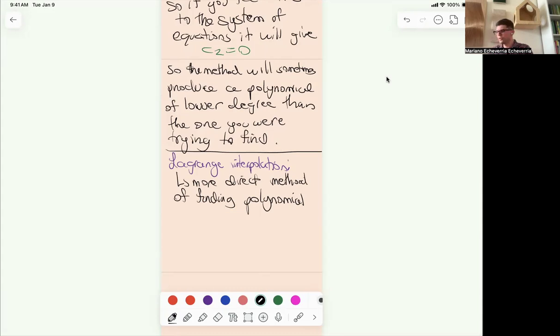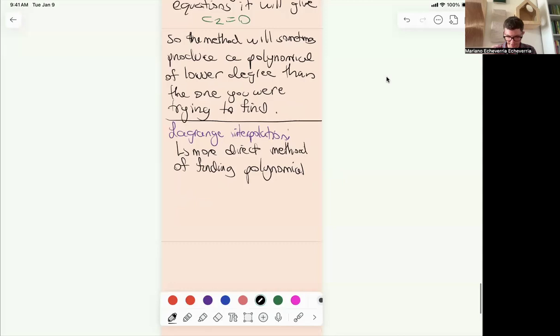So again, I'll do it with concrete points so that you see first how it works, and then I'll write down the general formula. Okay. So here's an example.